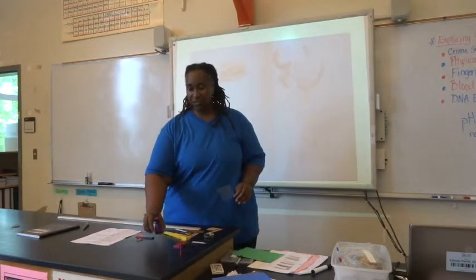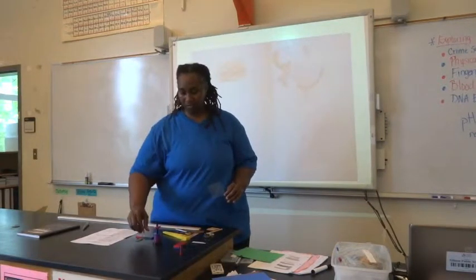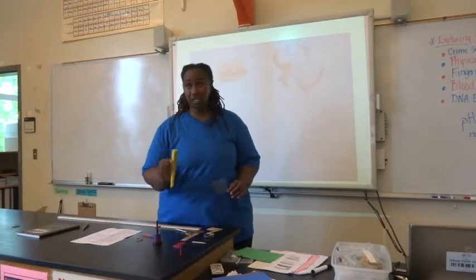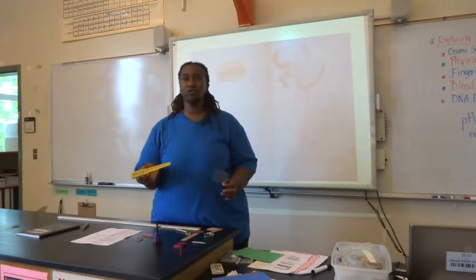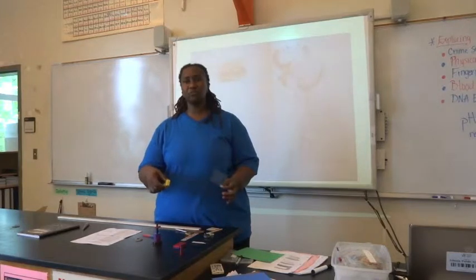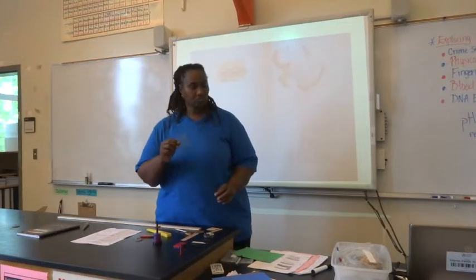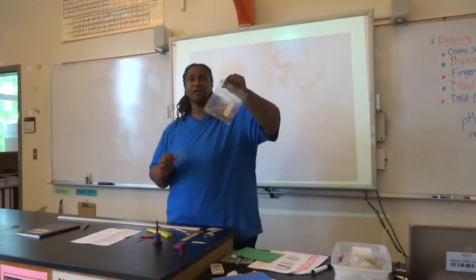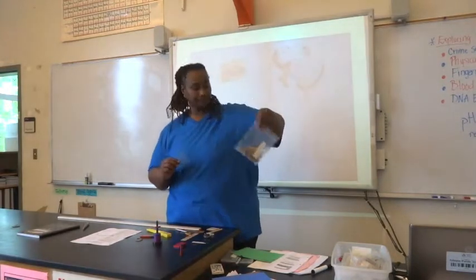As you can see, I have various size and shape magnets, and each group, of no more than 4 in a group, will have their own materials at their tables. Each group will also have a bag with test objects.